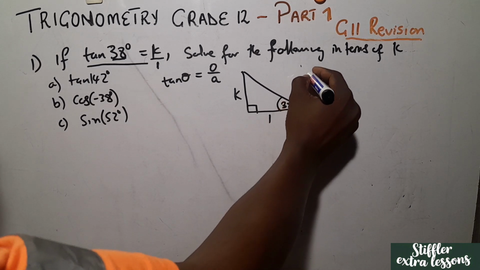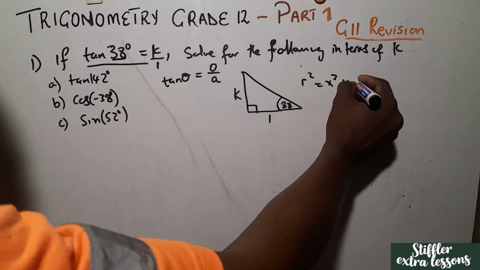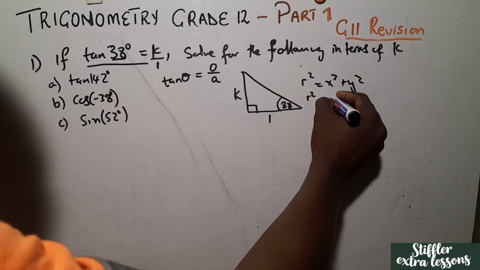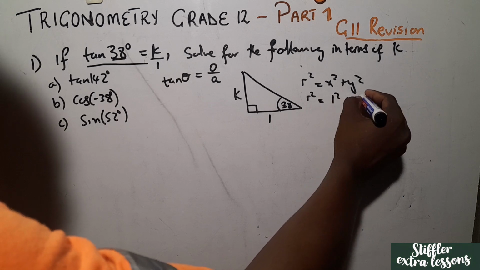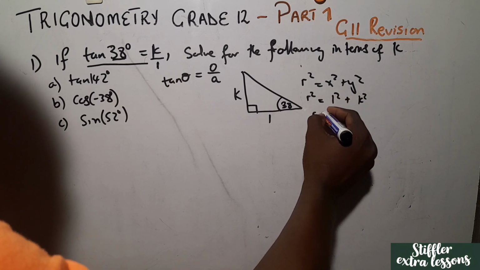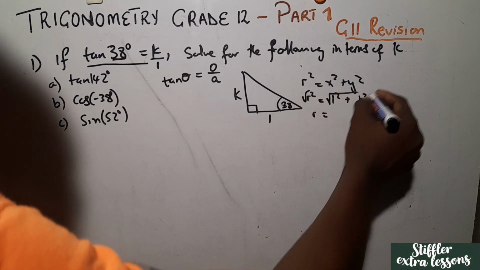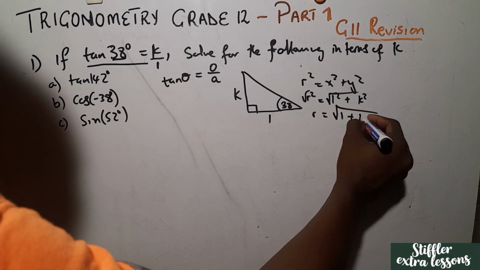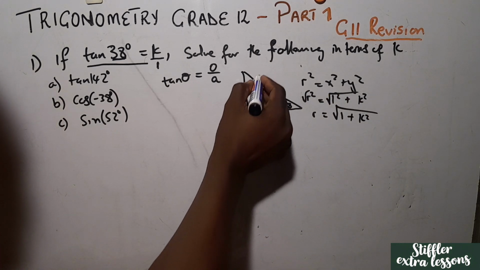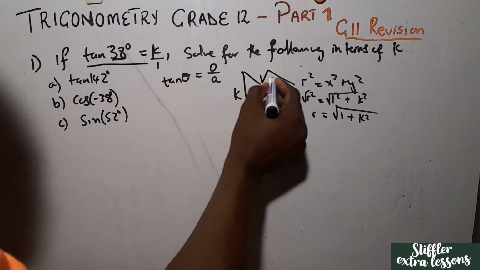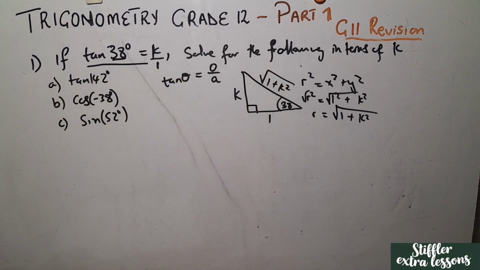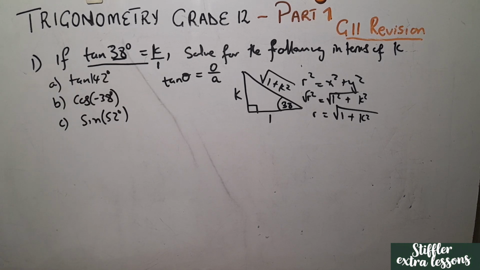So we know that r squared is equal to x squared plus y squared. So r squared becomes 1 squared plus k squared. So r becomes the root of 1 plus k squared. So we can place it there. The next step is to solve this.